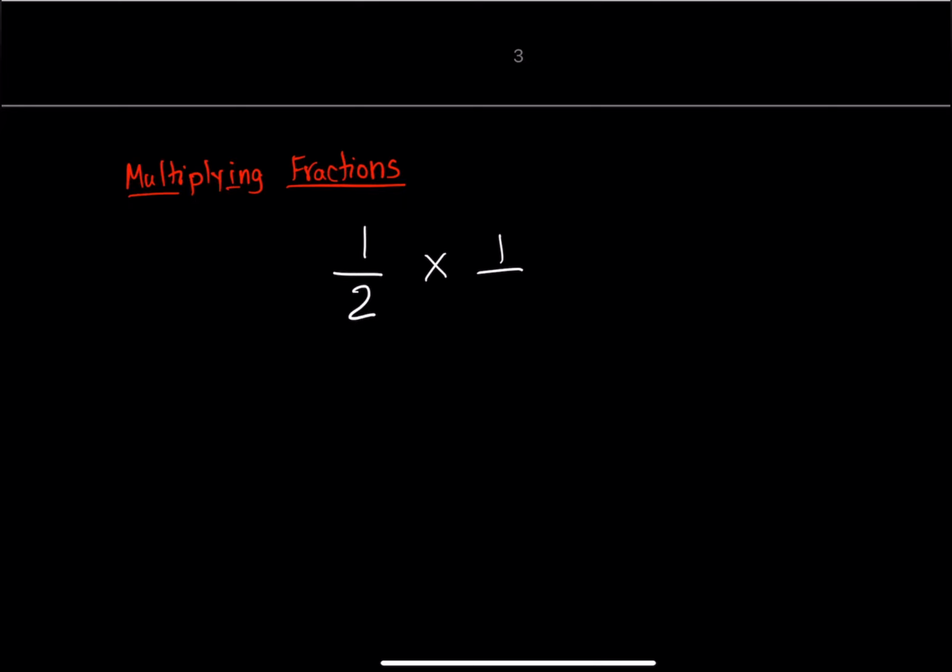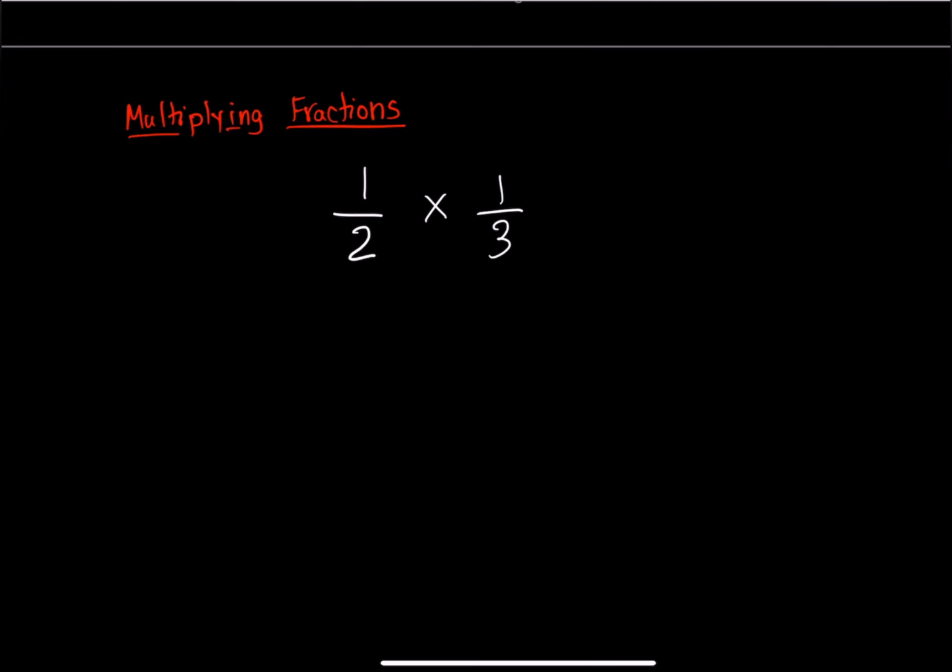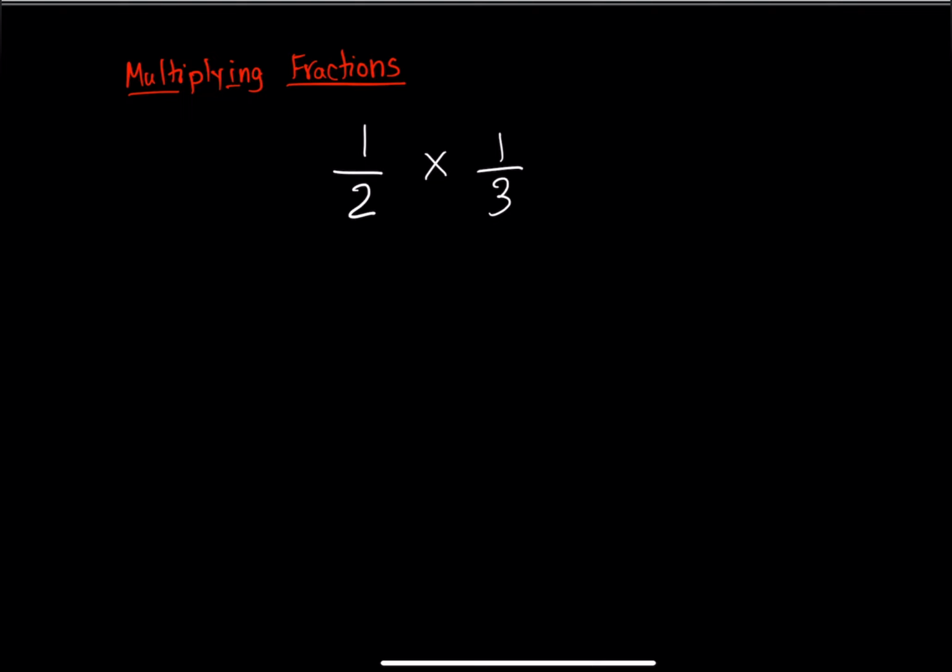If we wanted to multiply 1 by 2 by 1 by 3, all we'd have to do is multiply these numbers with each other and multiply these numbers by each other. So that gives us 1, because 1 times 1 is still 1, and then 2 times 3 gives us 6. So multiplying fractions is pretty easy.